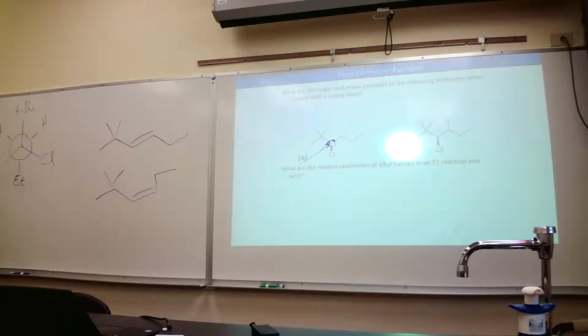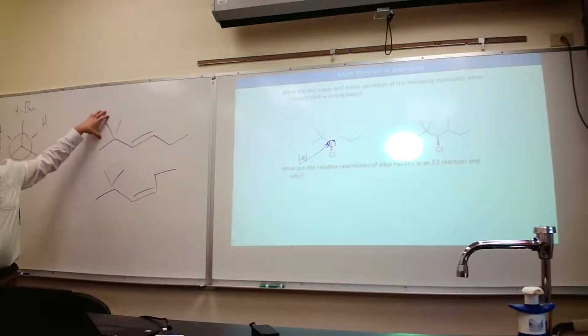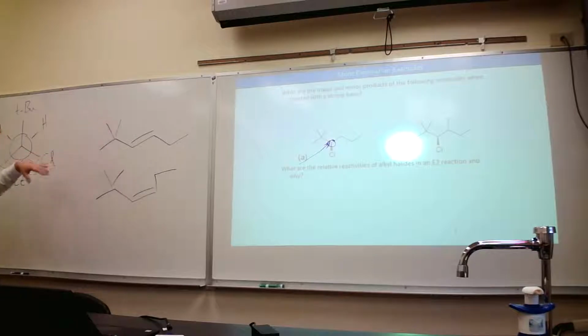So that conformer is less stable because that big group and that big group push on each other. Physically, they take up a lot of space. So that's why we see the E product predominantly. Because when we have two choices for which hydrogen we can take, we're going to take the one that starts from the more stable conformer.